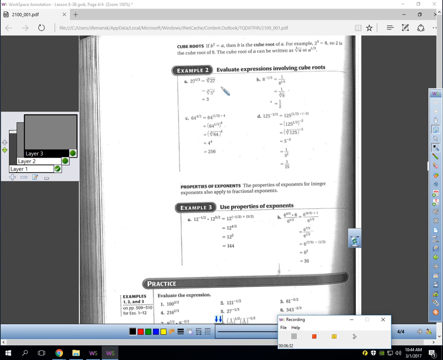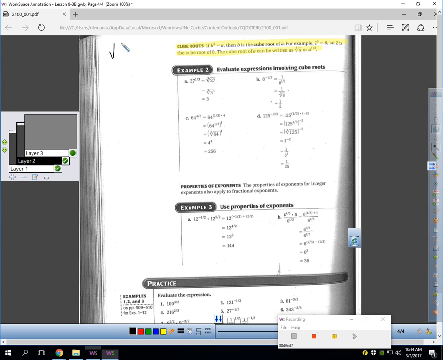Now, with that understood, I think it's time to look at what a cube root is. If b cubed equals a, then b is the cube root of a. Now think about it. A square root, let's just talk real quick. A square root like this means what number times itself would give you 9, and we've already talked about that. That's 3. Okay? But let's think about the cube root of a number.